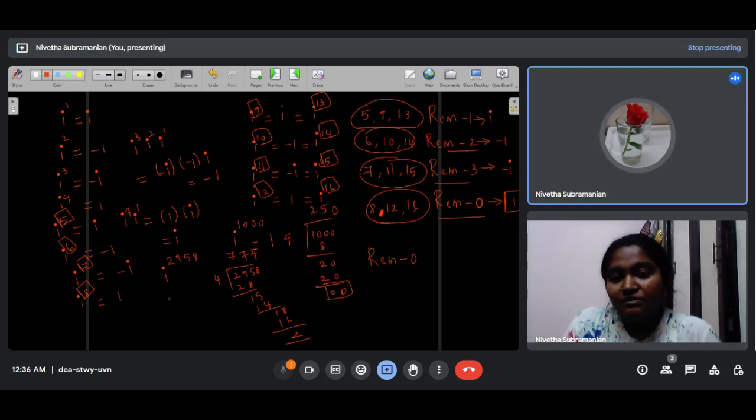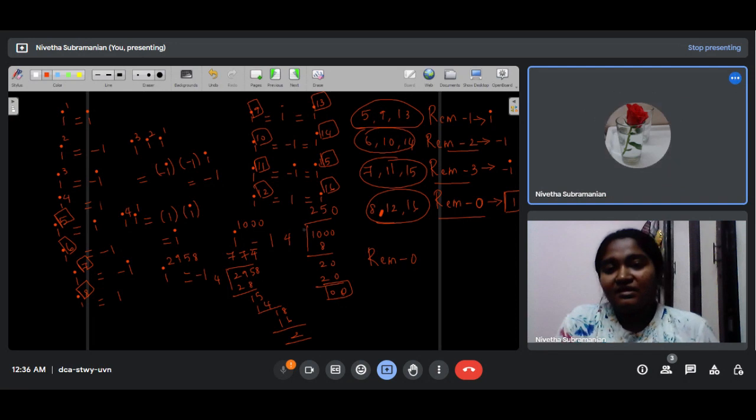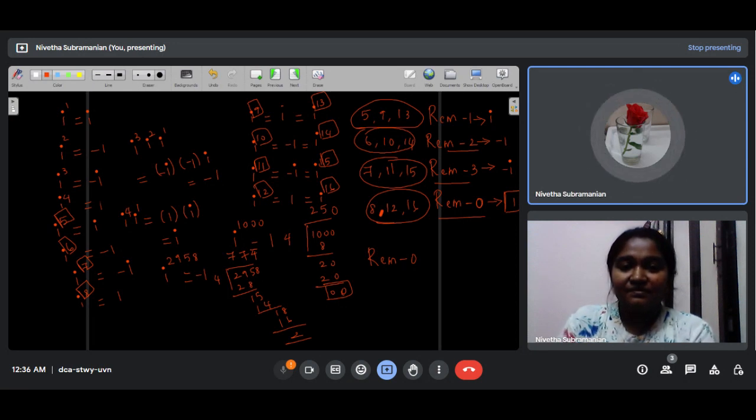So remainder 2 means my value will be minus 1. So that is nothing but i power 2958 will be minus 1. So it's really easy, no, to find the higher powers of i. Quite interesting.